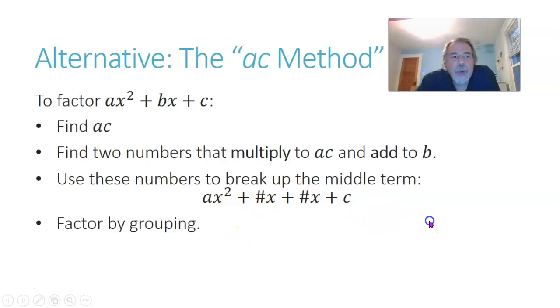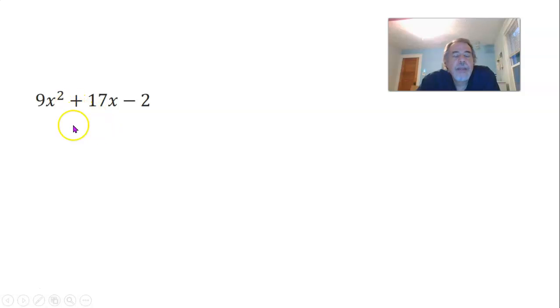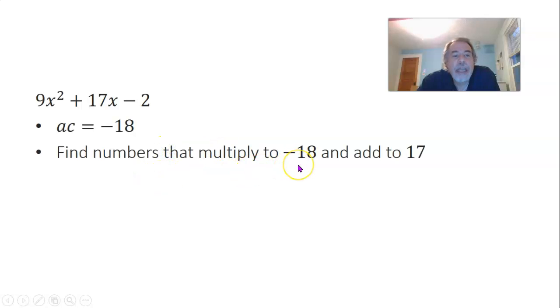So here's how that would work. If we're using the AC method, a times c would be 9 times negative 2, which would be negative 18. So we need to look for numbers that multiply to negative 18 and add to positive 17. Can you think what that would be? What two numbers multiply up to negative 18?